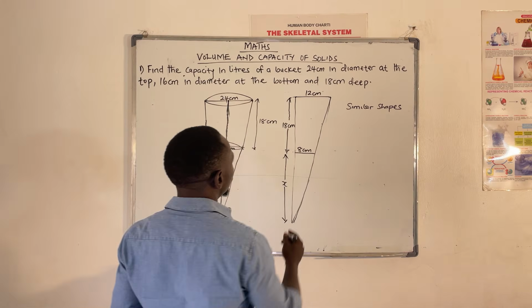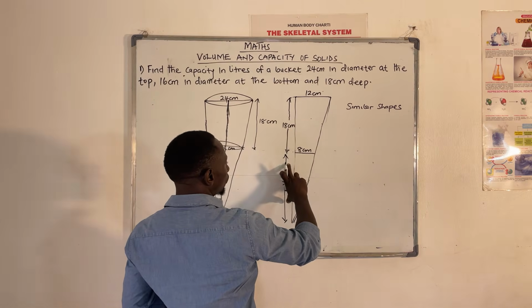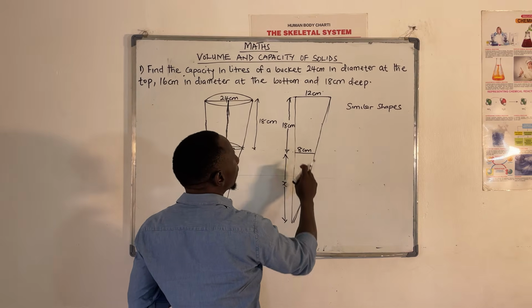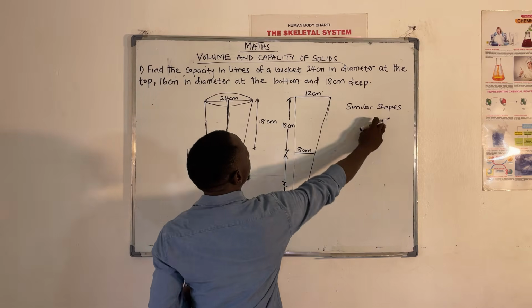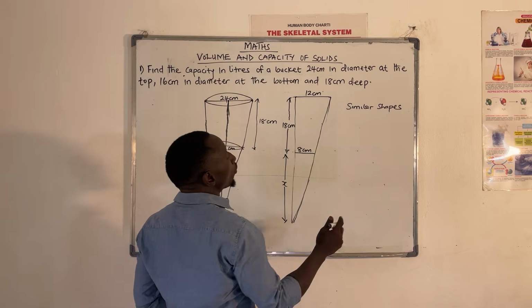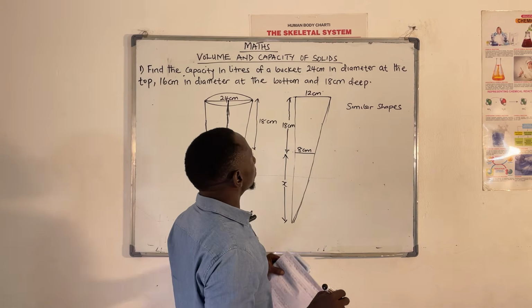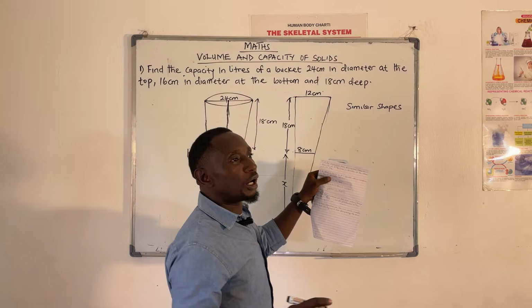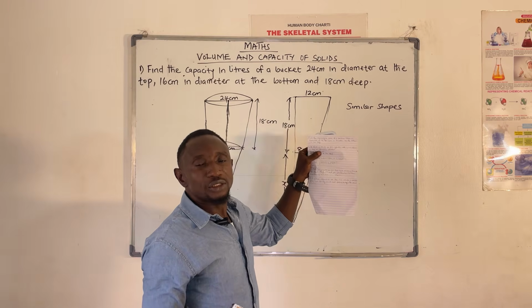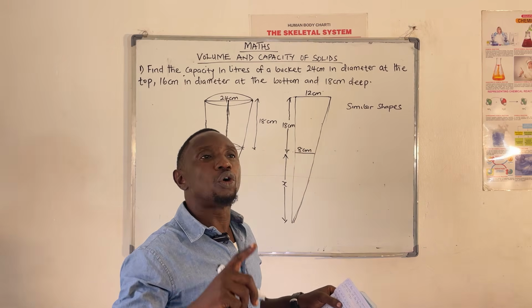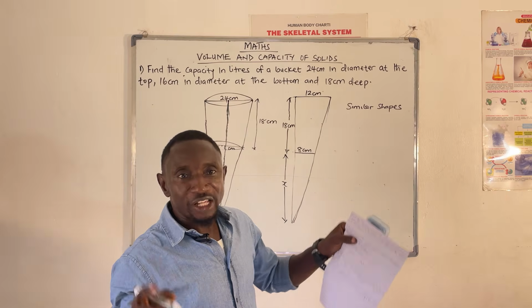Now, to find this, as I said, I'm going to use the concept of similar shapes. Under similar shapes, the ratio of two sides is equal to the ratio of the corresponding sides.